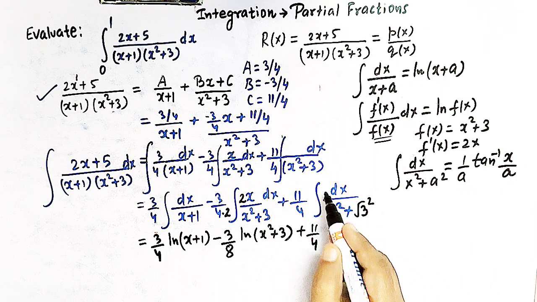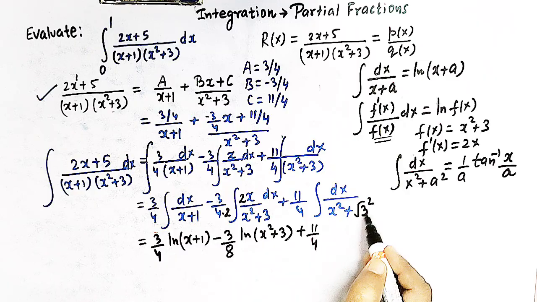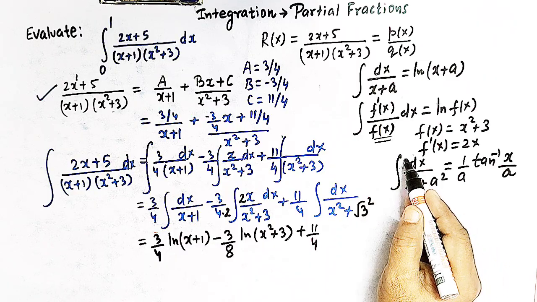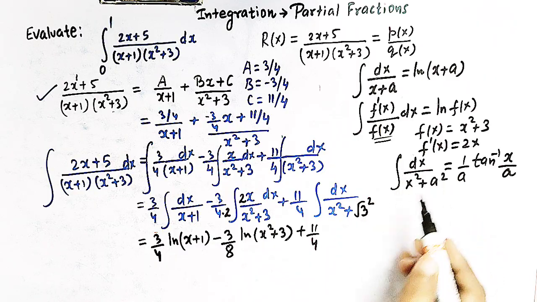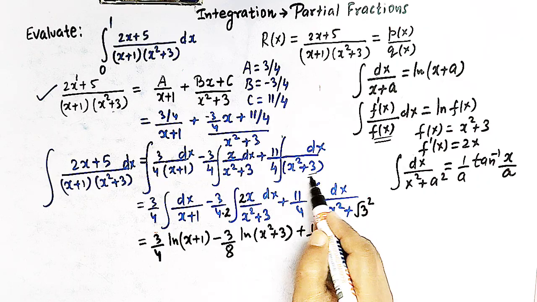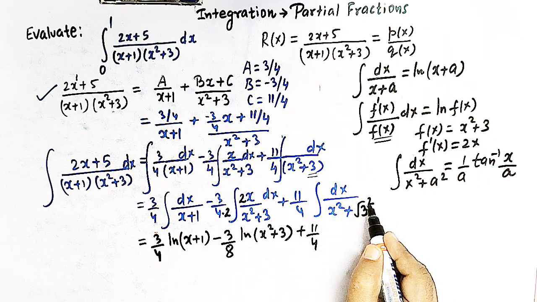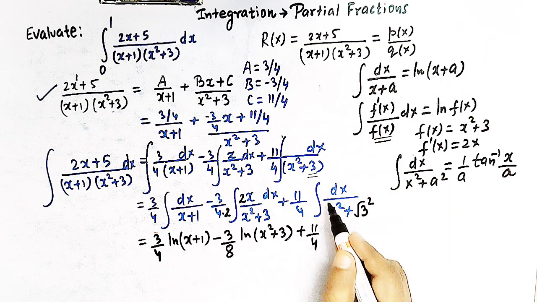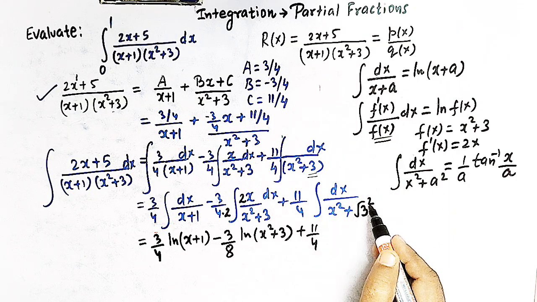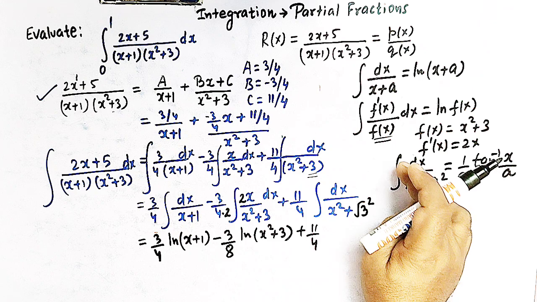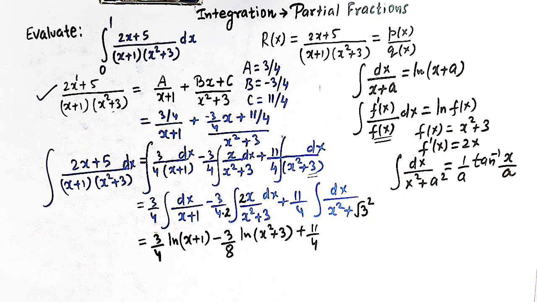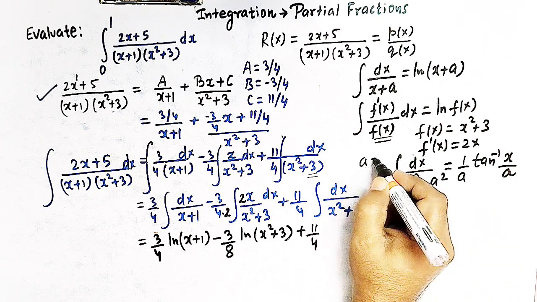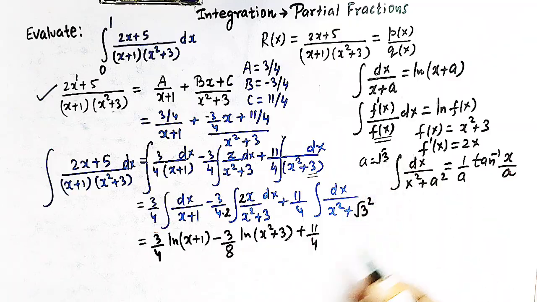And here we have 1 over x square plus root 3 square, that is 1 over x square plus a square. So the purpose of writing 3 as root 3 square is to convert this integrand 1 over x square plus root 3 square into this form, 1 over x square plus a square, where a is equal to square root of 3.